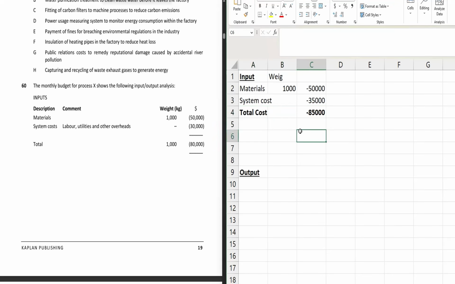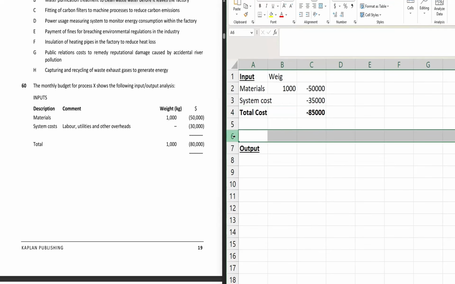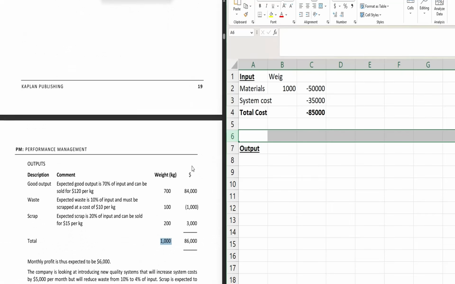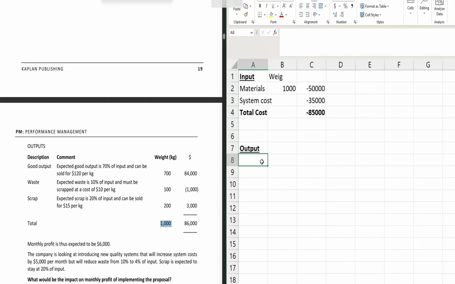All right. Now let's move to the output as well. For output, now good output, as they have said that by implementing the new system our waste will be reduced from 10 to 4%. So if it will reduce to 4%, that means remaining can be good one. So 6% will be converted to the good output.